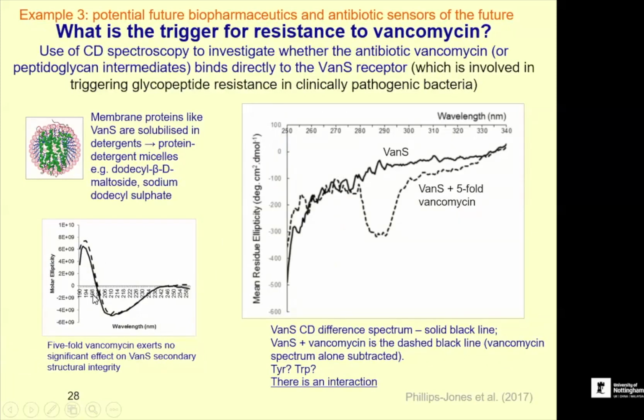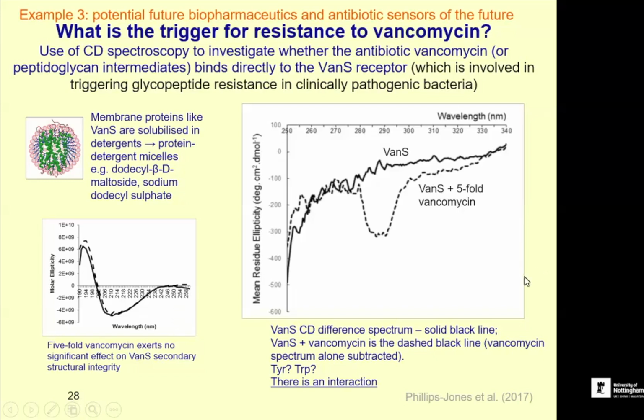So we did that, and we looked at the purified protein in the far UV region in the presence and absence of vancomycin and found virtually no effect. So if vancomycin binds, it exerts no discernible effect on the secondary structural conformation of Van-S.